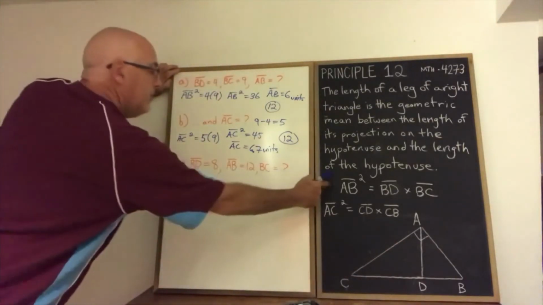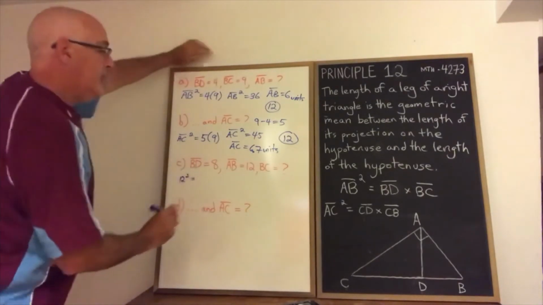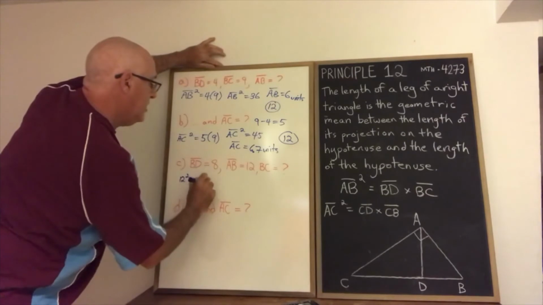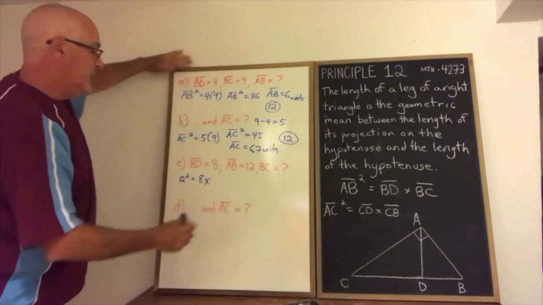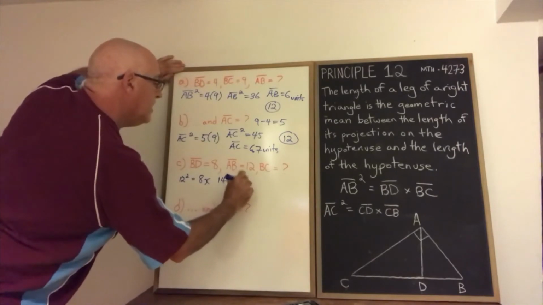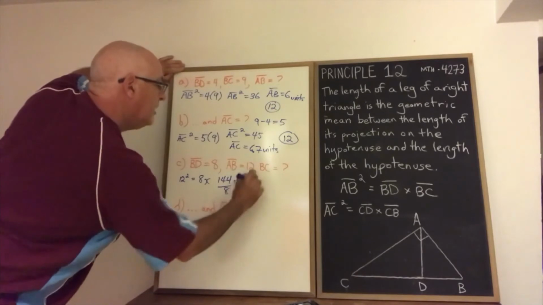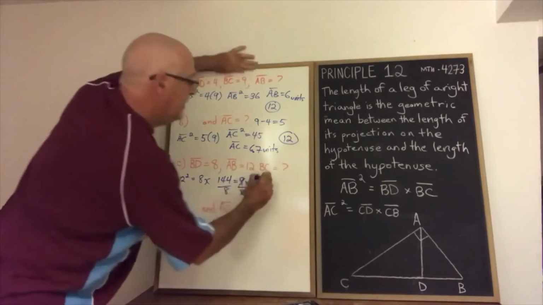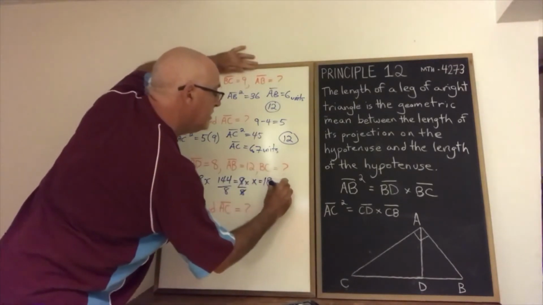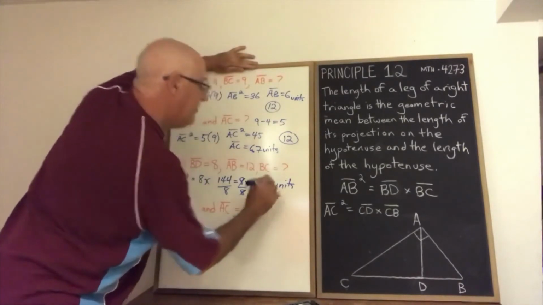So filling in the upper formula, 12 squared is equal to 8 times x, our unknown, which is the hypotenuse. 144 equals 8x. Isolate our variable, and x is equal to 18 units. And I justify, because I used it again.